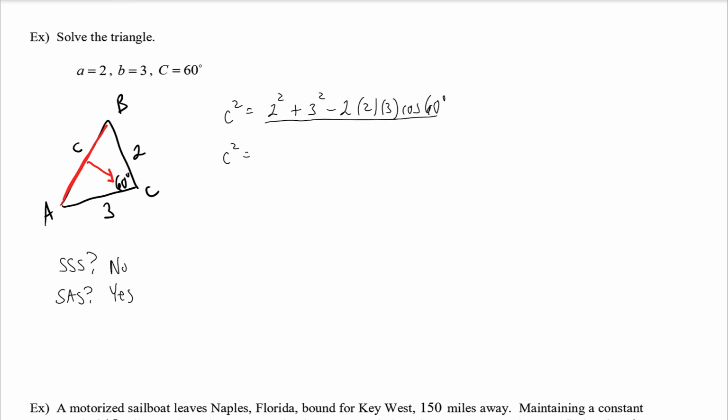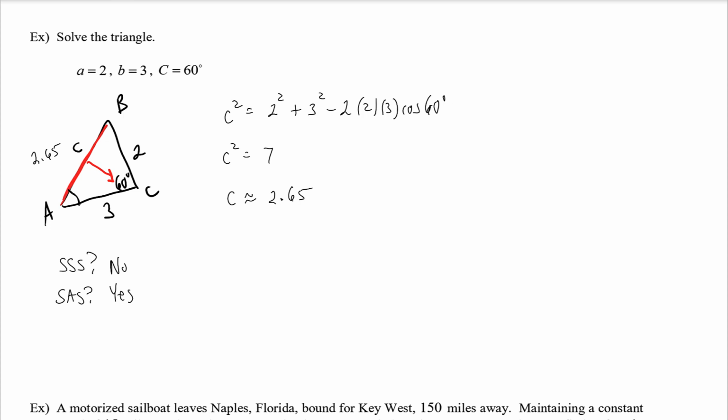This is all just one big calculation, so just carefully type it in. That ends up being 7. So c is approximately, after you square root both sides, we ignore the negative solution because you can't have a negative length, about 2.65 for side C.